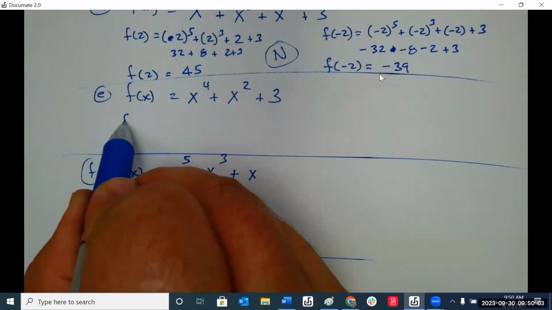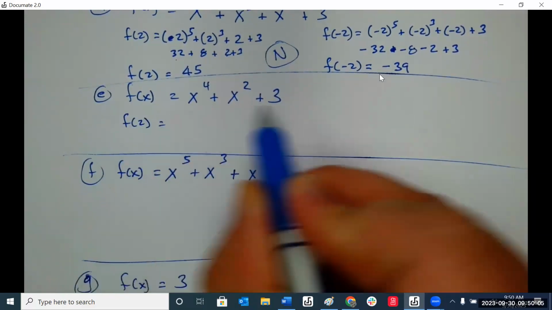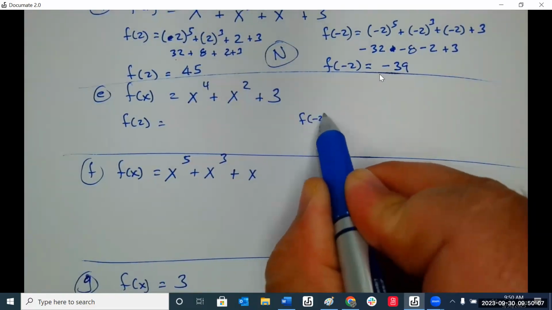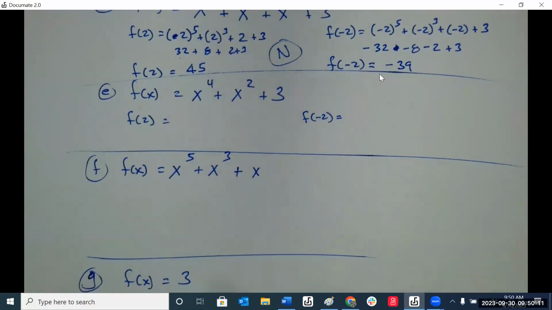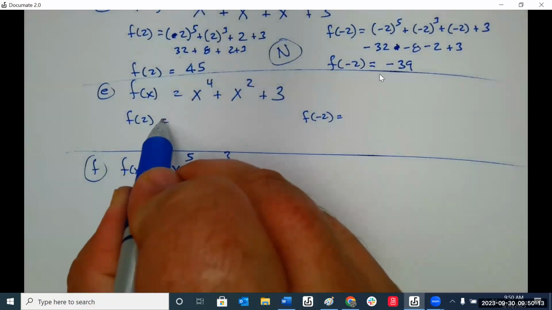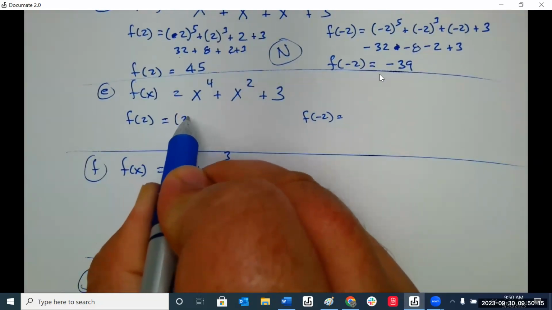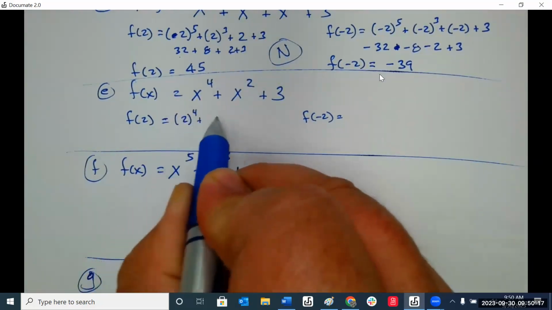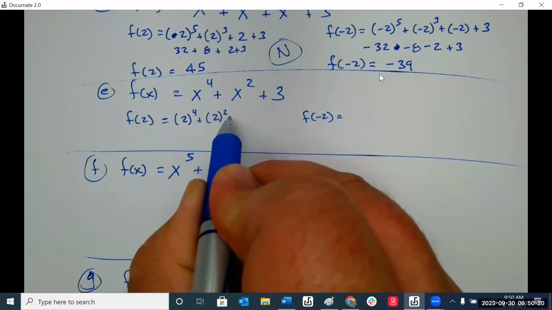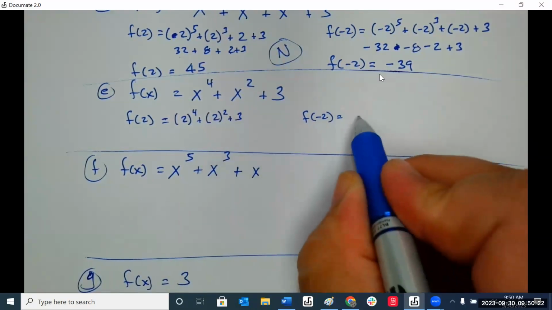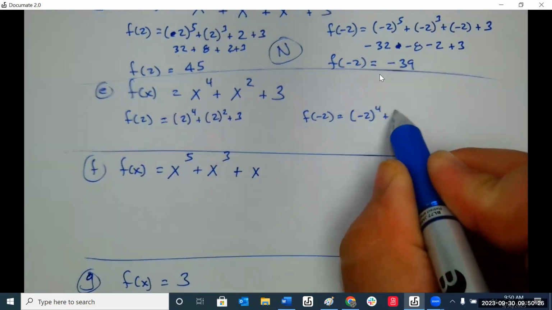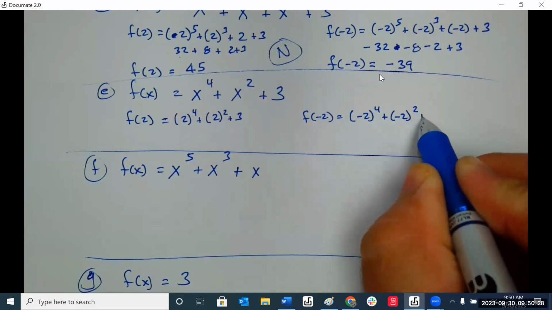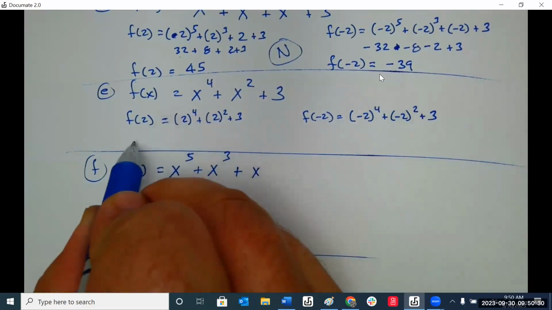Okay, same thing here. F of 2, f of negative 2. Two to the fourth, 2 squared, plus 3. Negative 2 to the fourth, negative 2 squared, plus 3.